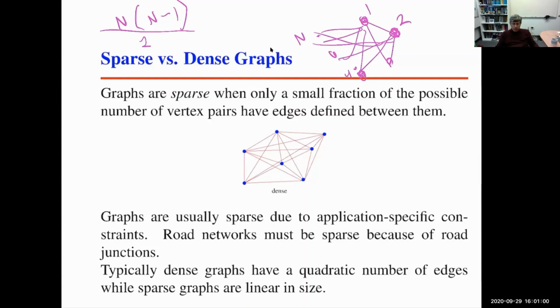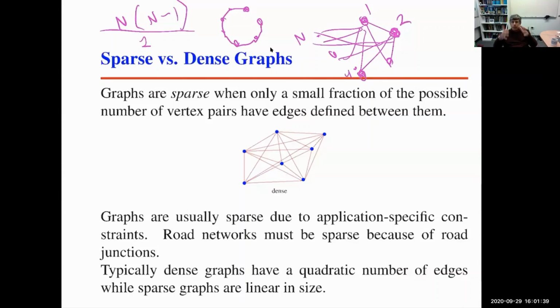What is the fewest number of edges I can have in a graph on n vertices? N minus 1, well, if I want it to be connected, I need at least n minus 1. But not all graphs are connected, so it could be 0. If you can imagine the social network of the hermit society, the hermits of society are people who have no friends.